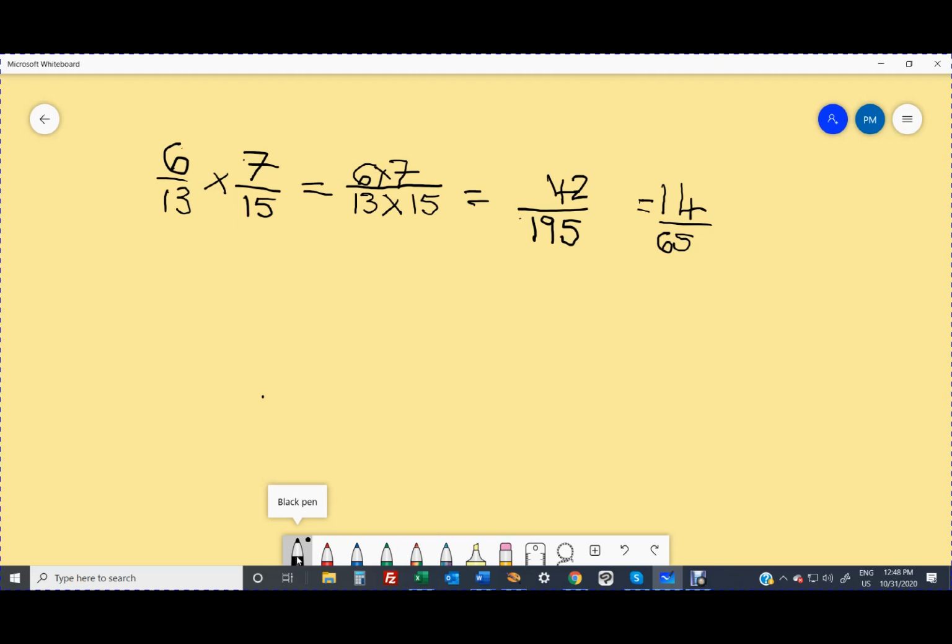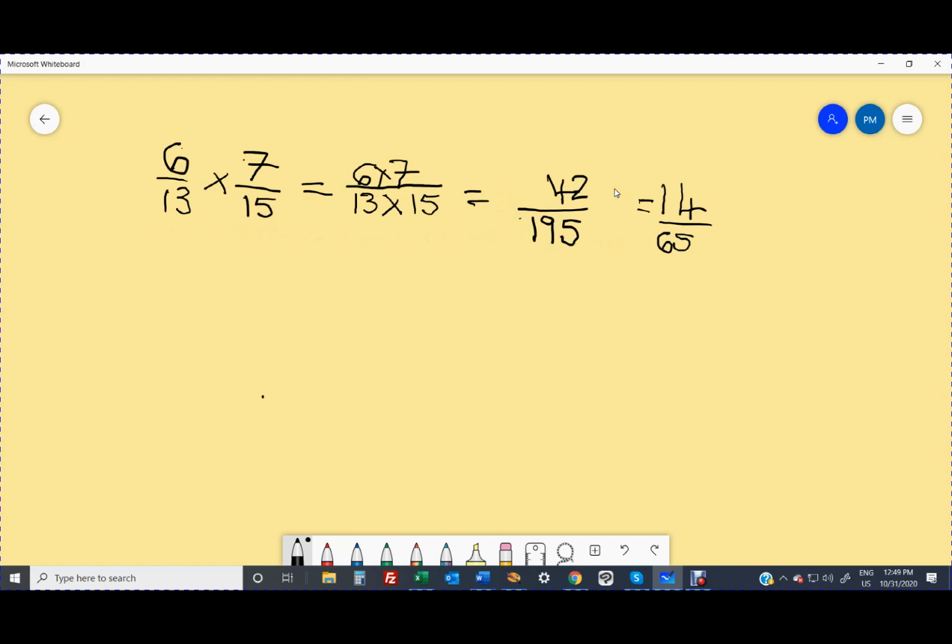It is a method. So the method we used, we started with 6 over 13 times 7 over 15, and that equals 6 times 7 at the top, and at the bottom 13 times 15. We then work that out. 6 sevens 42, and 13 15s 195.